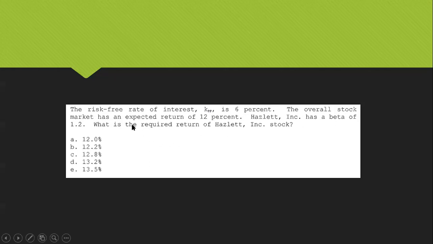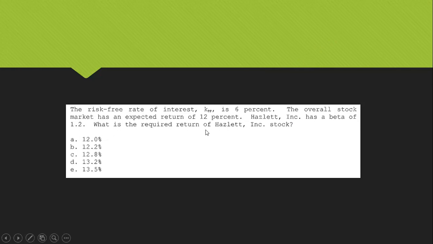The overall stock market has an expected return of 12%. Hazlitt Incorporated has a beta of 1.2. What is the required return of Hazlitt Incorporated stock? Here we are given the risk-free rate, the market return of 12%, and the beta of 1.2.